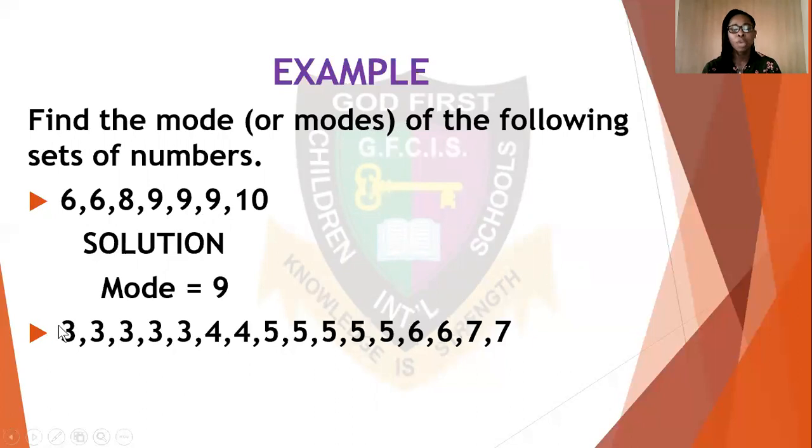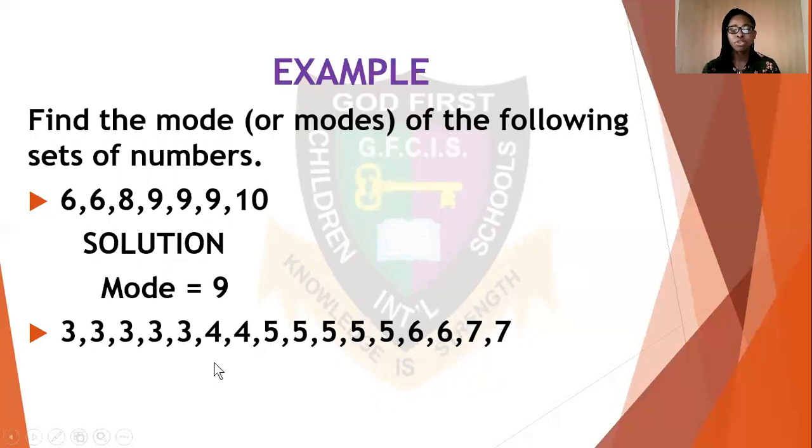Number 2, we have a longer list of numbers where 3 occurs 5 times, 4 occurs 2 times, 5 occurs 5 times, 6 occurs 2 times, and 7 occurs 2 times.